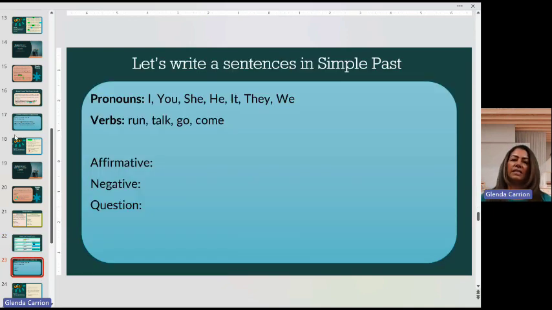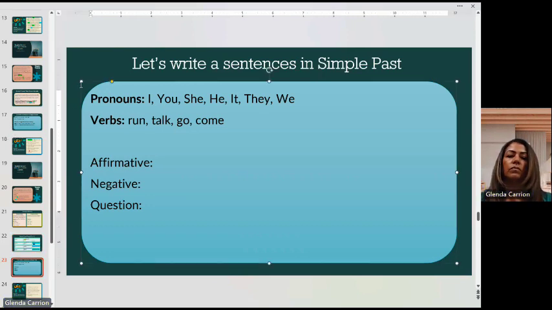So now let's practice a little bit. The same way I did with the previous video on simple present, I am going to write an affirmative, a negative, and a question with the pronouns and the verbs that are shown here. And that way we're going to practice a little bit, okay? So in affirmative form, I will select the pronoun they, and the verb talk.